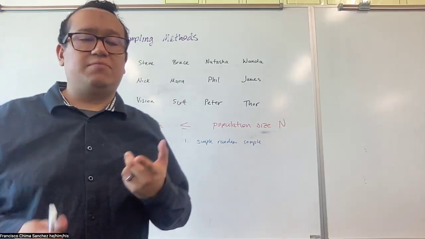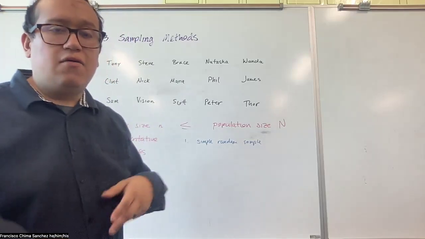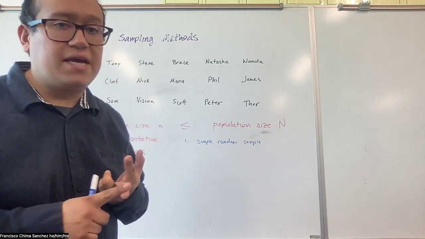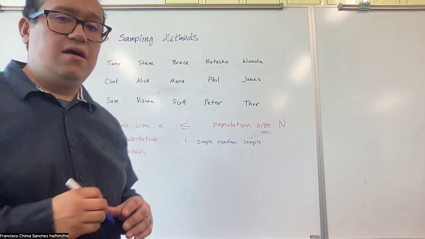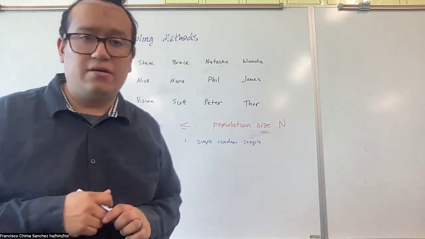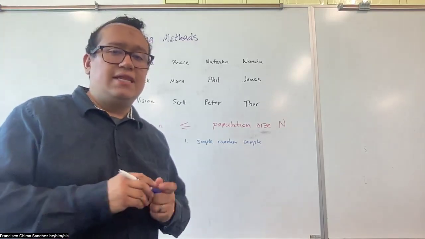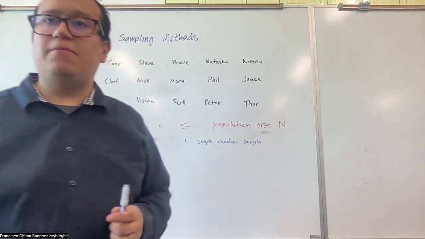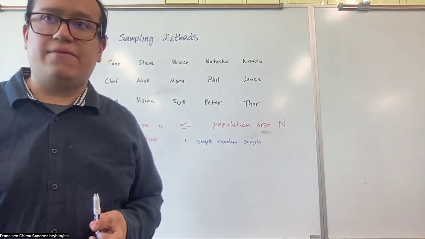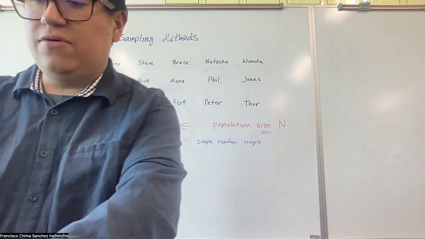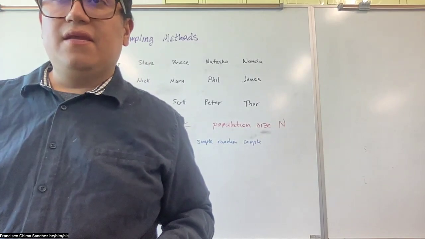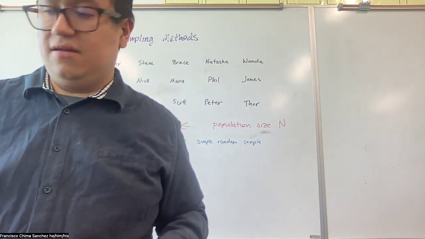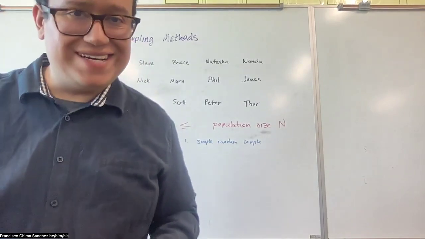So you would do this by picking sticks or assigning everybody a number and then picking numbers at random, using a random number generator, for instance, or throwing darts at a board, right? So for instance, let's say we generate some random numbers, and I'm going to do that using a random number generator. You are not seeing me do this on the other computer that I have here next to me.